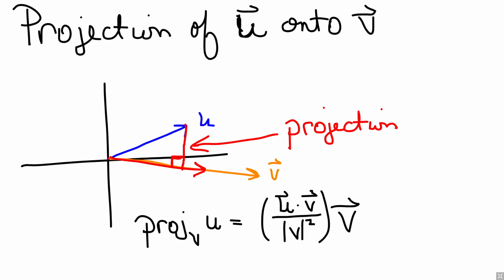Essentially, this component right here is a scalar, and then we multiply it by the actual vector v. Any questions?